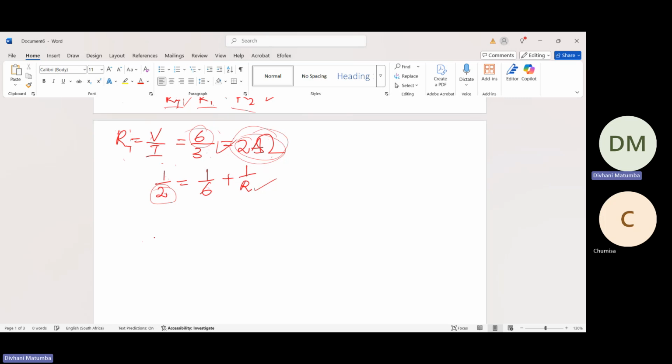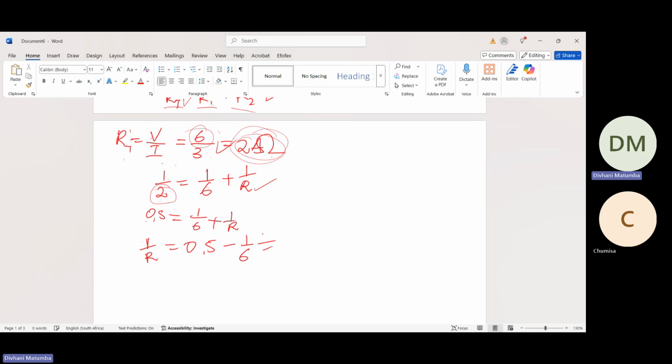Now from here we have 0.5 equals 1 over 6 plus 1 over R. So 1 over R will give you 0.5 minus 1 over 6.